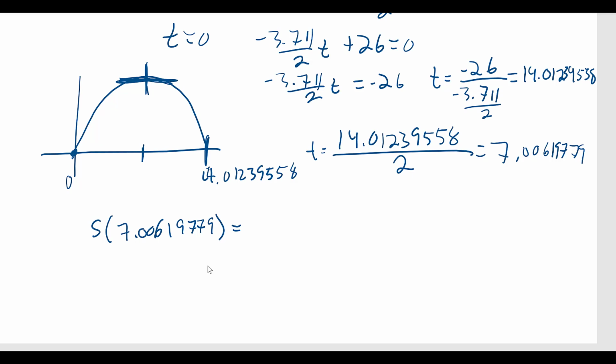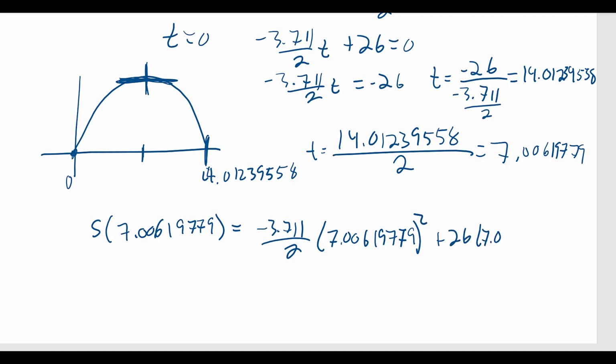So we're back to negative 3.711 divided by 2 times 7.00619779, squared, plus 26 times 7.00619779. We take that amount and we get the height.